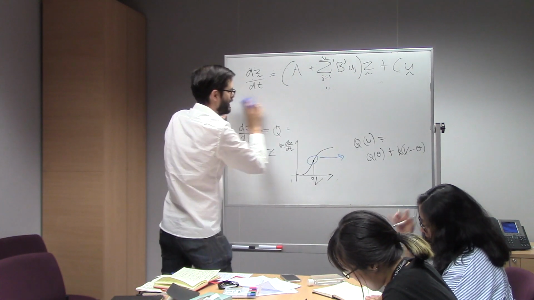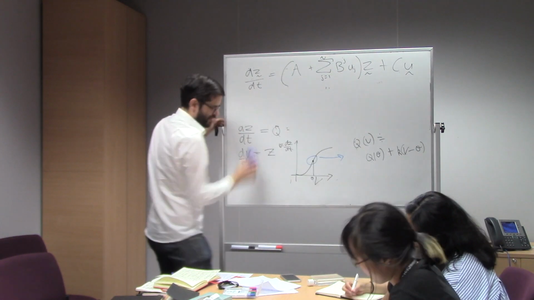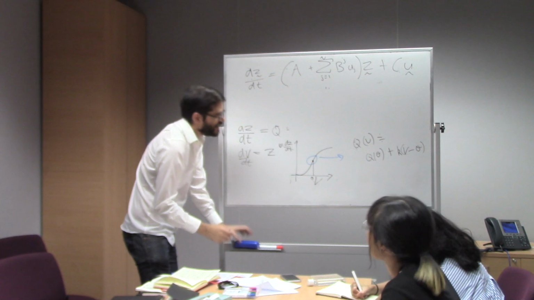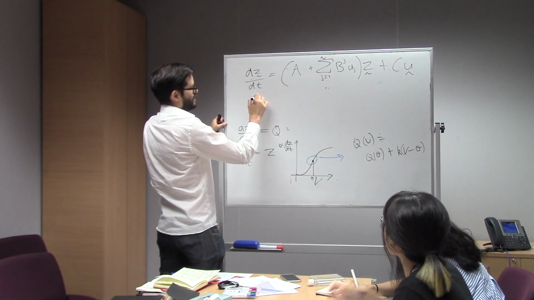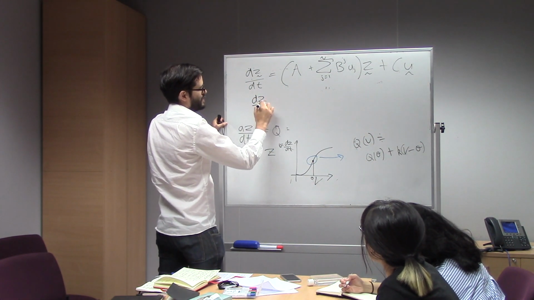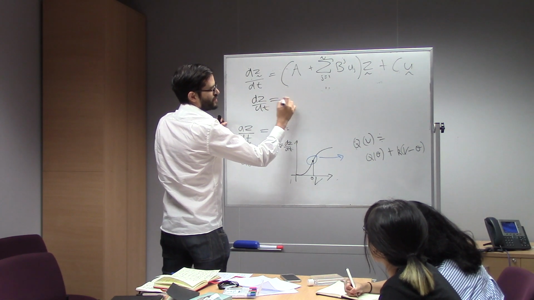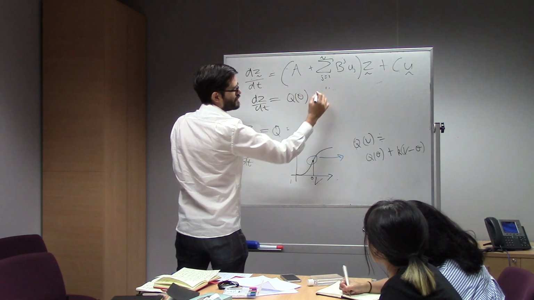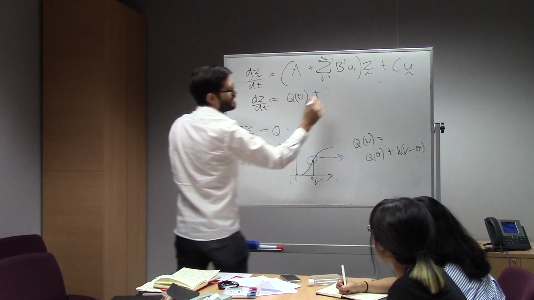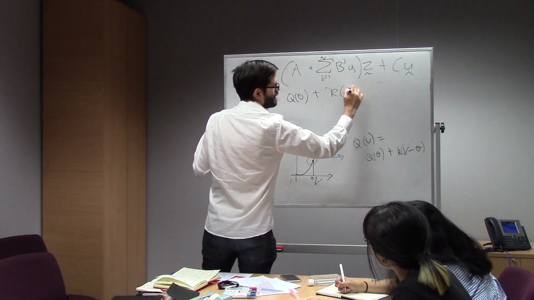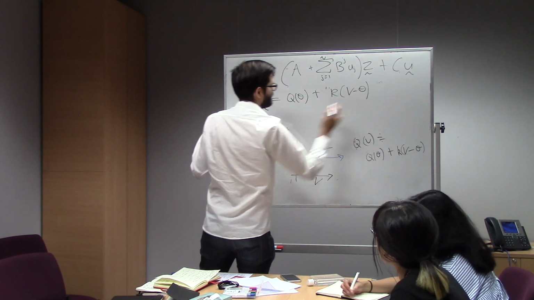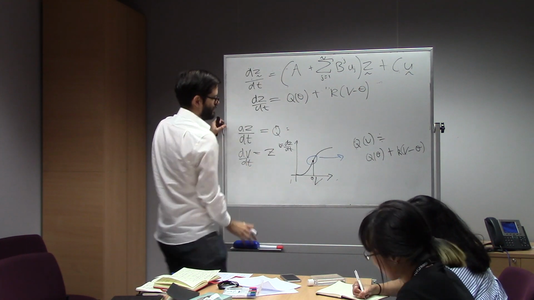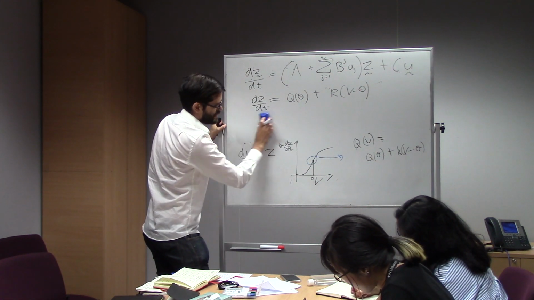And then what I can do is just literally write dz dt equals, for first order approximations, q theta, which is a constant value now, times k b minus theta, and then we still have this last term here.